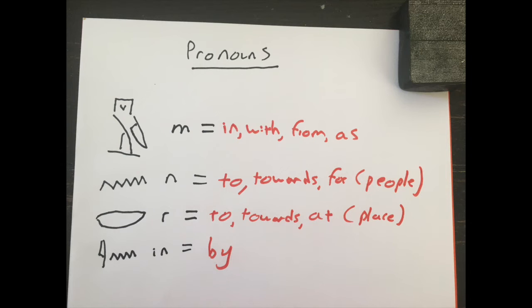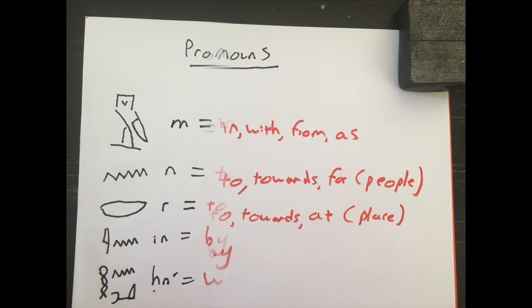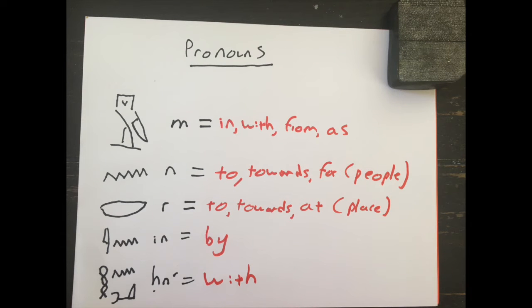So if you're saying the throwing is done by the man, or the fishing is done by the pharaoh, or the king, or the woman. That's the sense of by, like a pronoun. And then finally, with, which is hana, which is the flax, the water, and then the hand, ha-na, with. I tend to think of it as you want to hang out with Hannah, even though it's hana.